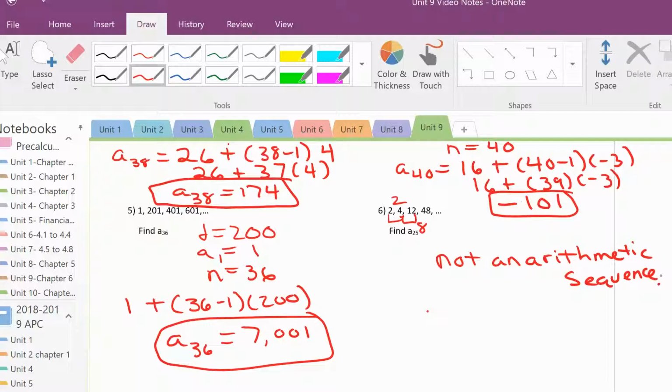So therefore, you would not be able to use the formula to find the 25th term. It's also not geometric. So basically, you won't be able to find the next term.